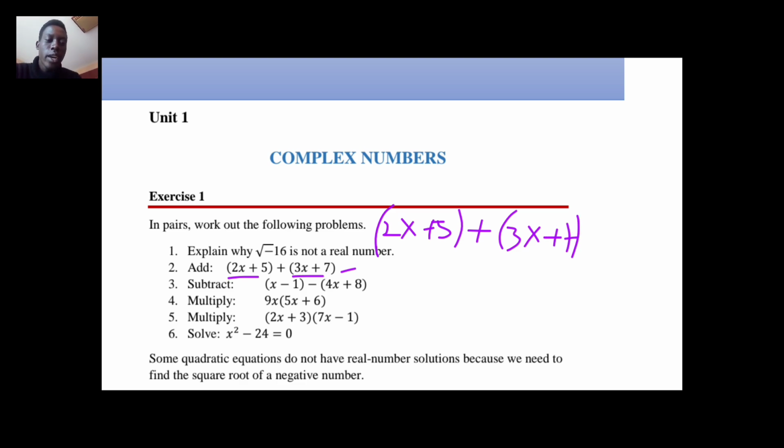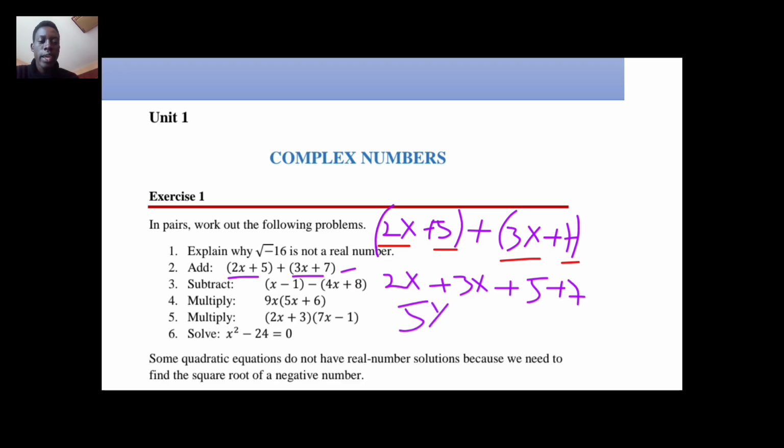So what you do here is collect like terms. 2x will add to 3x, then 5 will add to 7. When you add 2x plus 3x, you get 5x, plus 12.